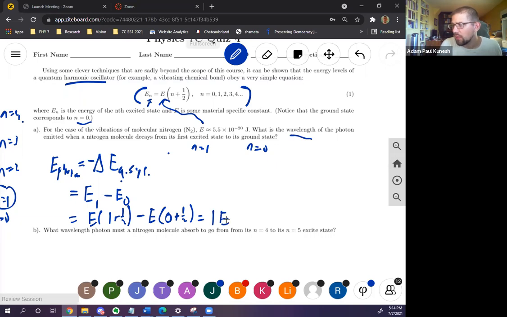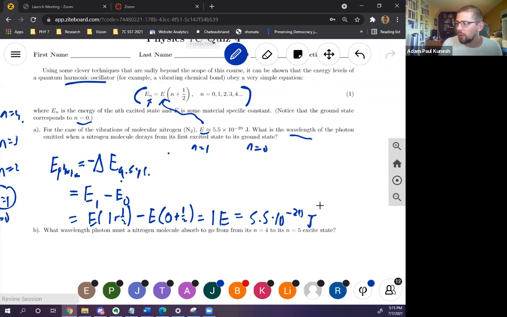Notice that this E doesn't have a subscript. It's just this constant. So we're not talking about a function, and we're not talking about E photon. We're just talking about this constant E that they provided to us, which is the same as 5.5 times 10 to the negative 20th joules.